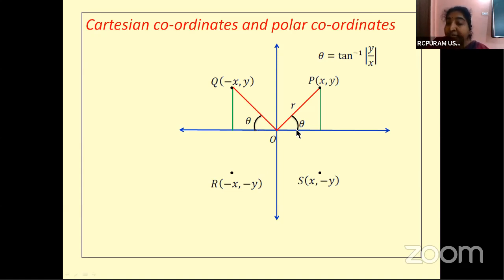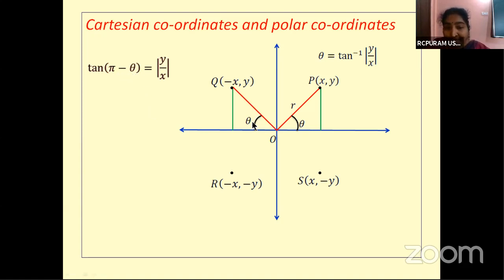Why should I write it as 180 minus theta? The angle is measured anti-clockwise from the positive x-axis, so this part should be removed because we are taking only this angle theta. I want you to concentrate on this point. So in the second quadrant, I will write it as pi minus theta.